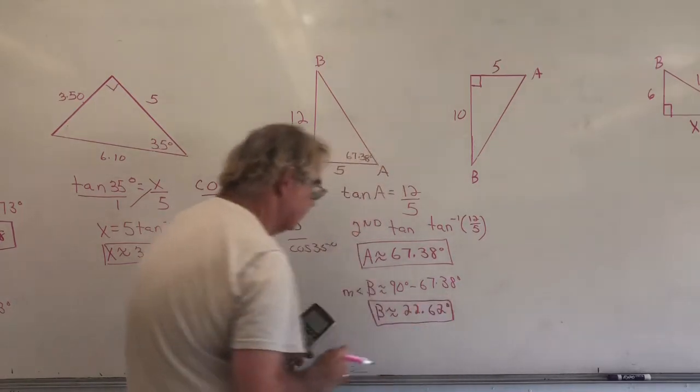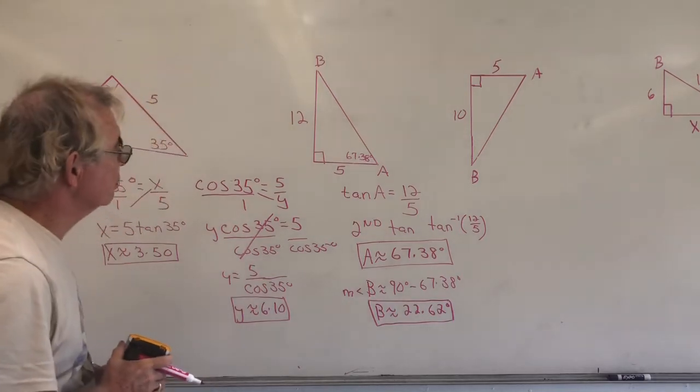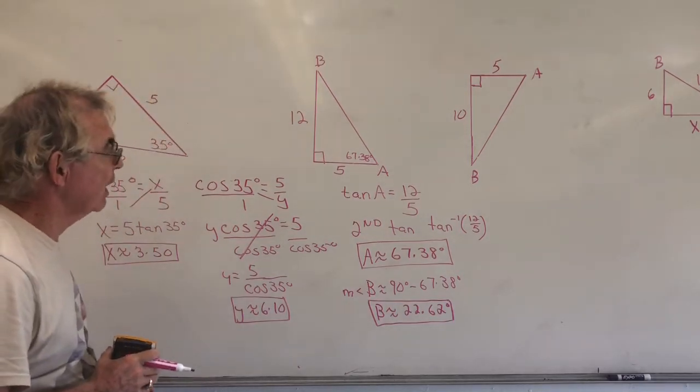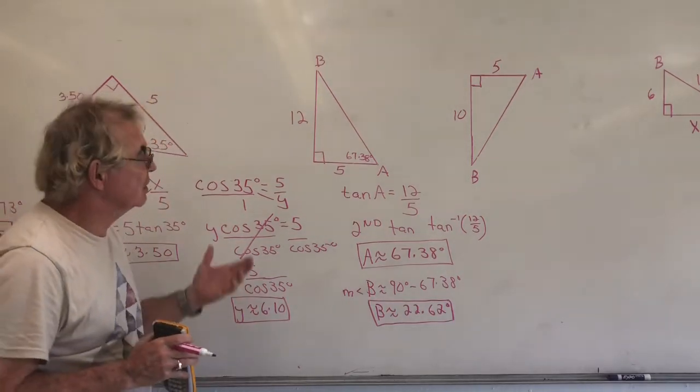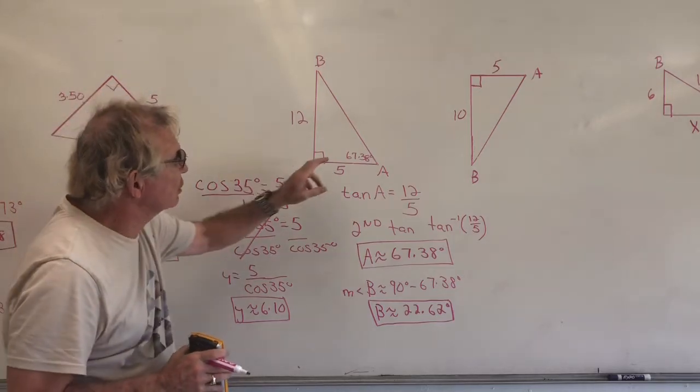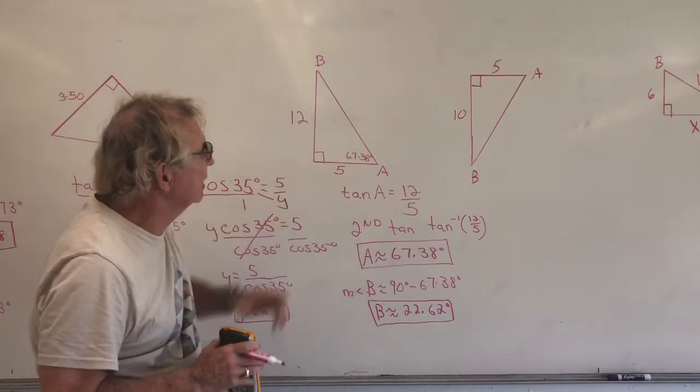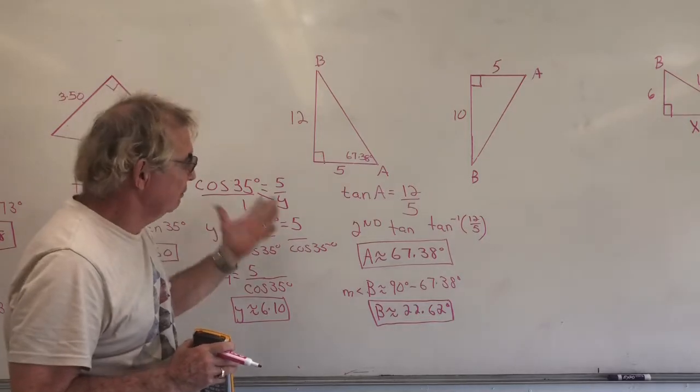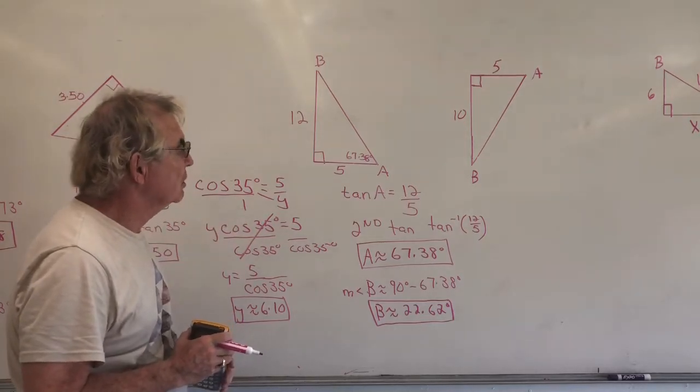So really, we used trig to find one angle, and since it's a right triangle, then we could just subtract from 90 to get the complement, or the third angle. So it's really quicker.